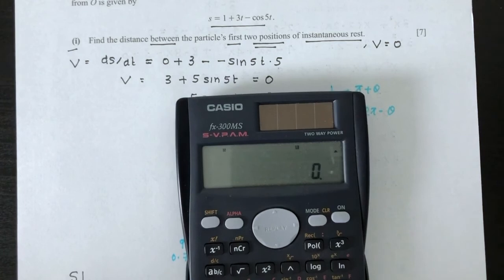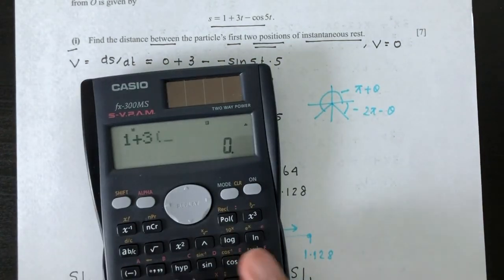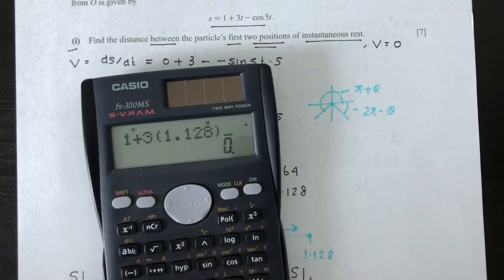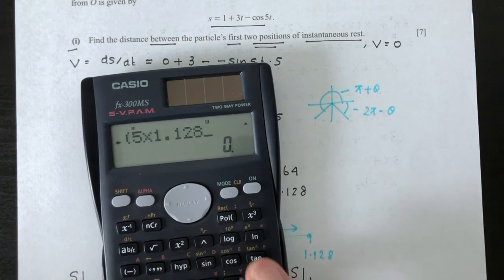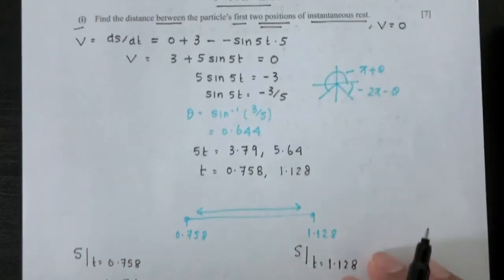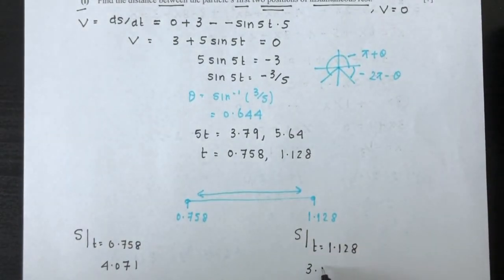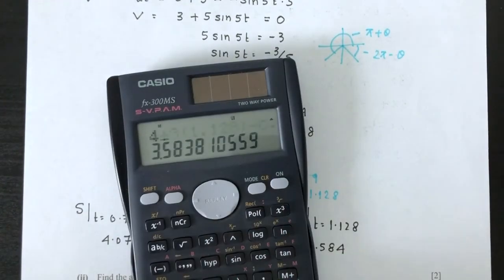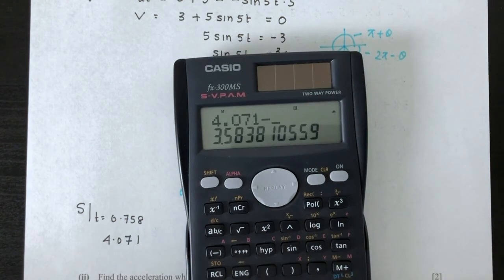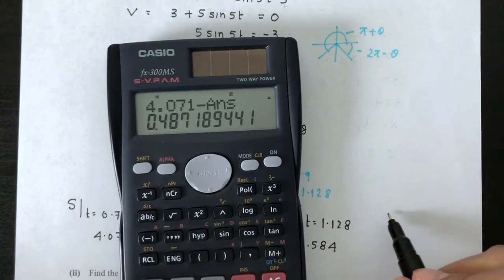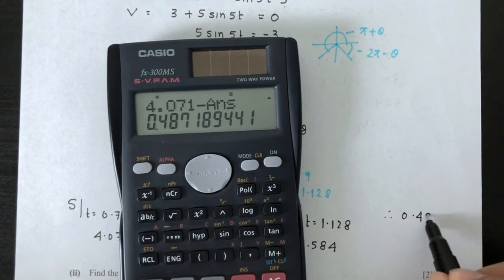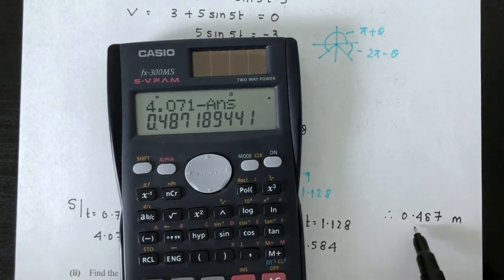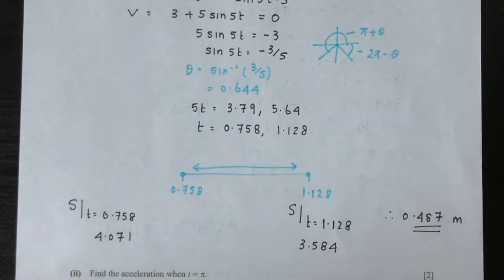That will be 1 plus 3 times 1.128 minus cos of 5 times 1.128. That will give you 3.584. Now the distance traveled is the difference between those two. So 4.071 minus 3.584, your answer will be 0.487 meters for the distance traveled between those two times.